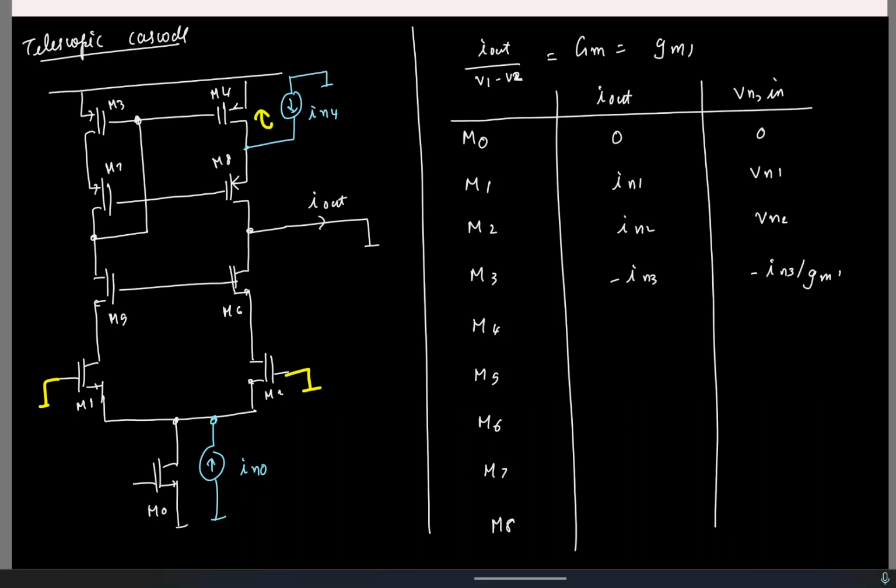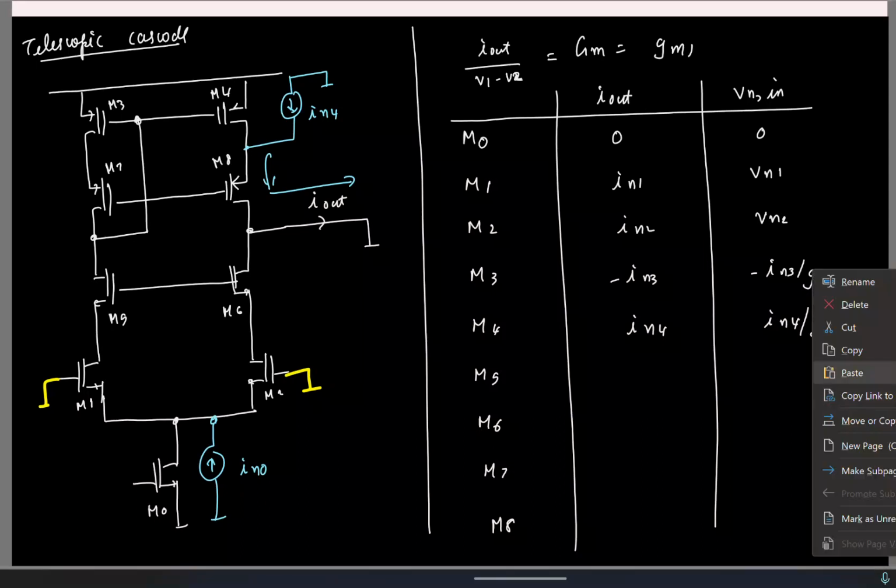It has two parts. It will prefer to flow down because looking down it's 1 by gm of the transistor M8. So basically all the current will reach the output. Okay. So this is same as before, IN4. And if you think about it, it's very similar to the case in the Five-transistor OTA. There also we had very similar stuff happening.